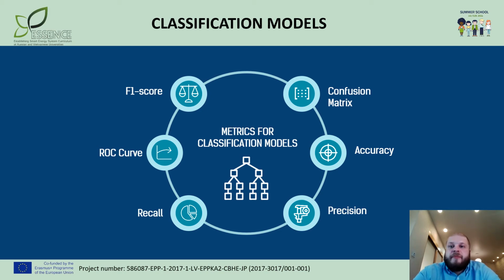So it can be referred to as misclassification. Actually, it's a confusion matrix, error matrix, accuracy, precision, recall, ROC curve, F1 score, and many other metrics which could be applied to merit the quality of the classification models.